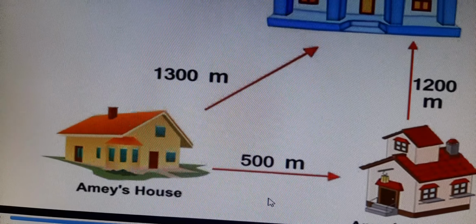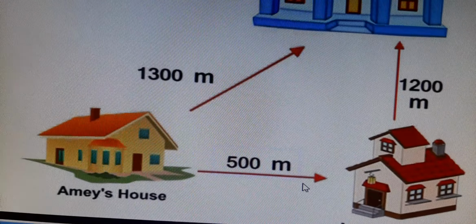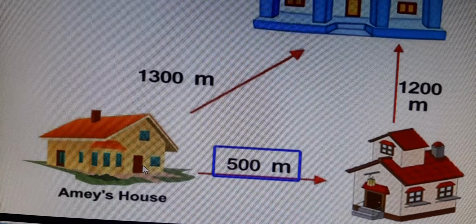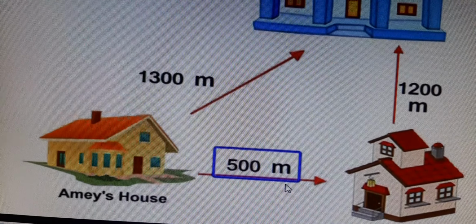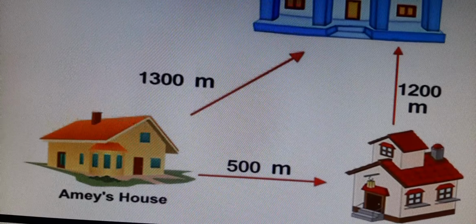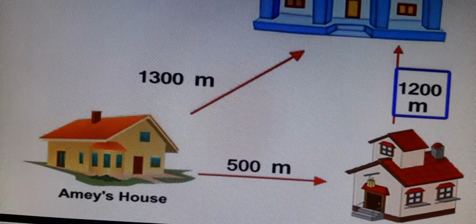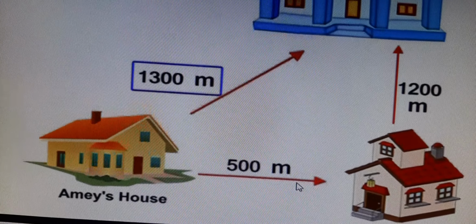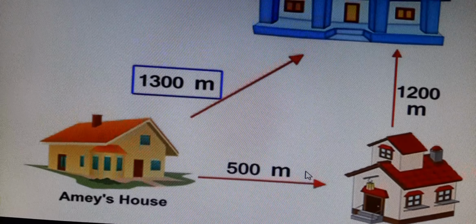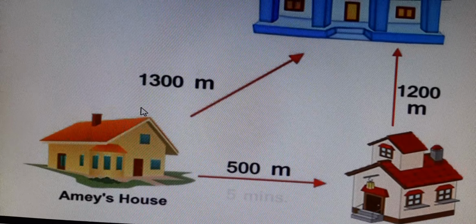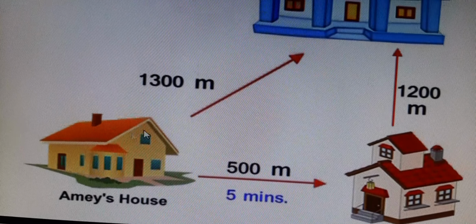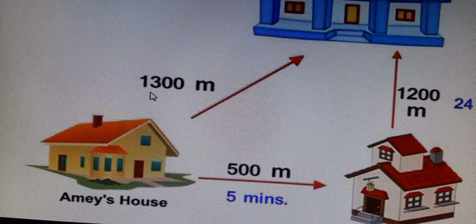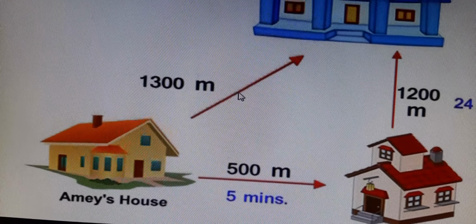they can be different. Now see again the first example, Amey's house. Here the distance from his house to his friend's house is 500 meters, and he takes 5 minutes. From his friend's house to school the distance is 1200 meters, and for that he takes 24 minutes. The displacement, the direct straight distance from Amey's house to school, is 1300 meters, and he takes 29 minutes.